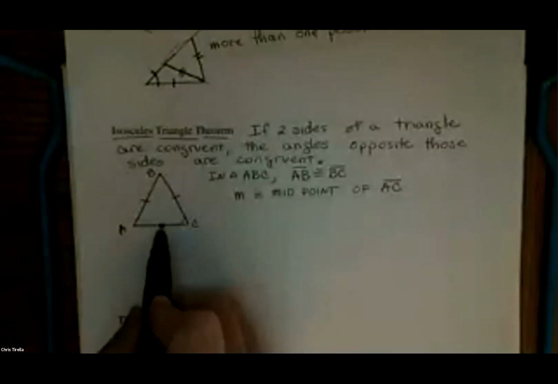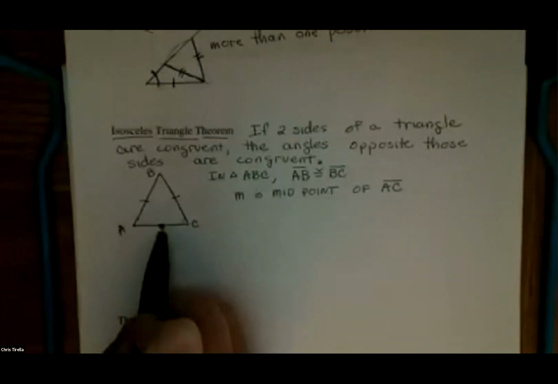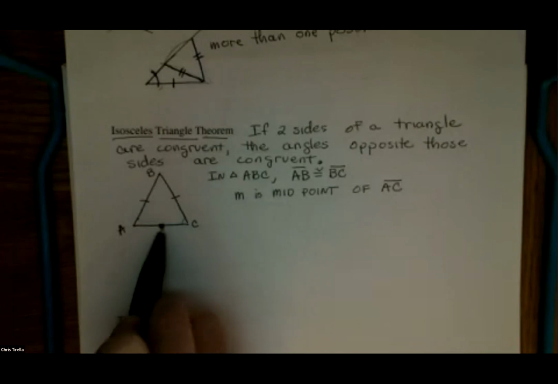Now I need some help. If M is the midpoint of AC, what does that tell me? What's special about a midpoint? Put the segment in two congruent parts. Beautiful.